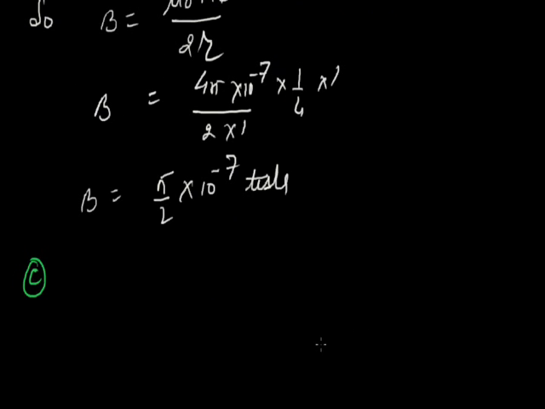Now the third part, part C. The current I is 1 ampere. Here is the center O, and this is R, 1 meter.